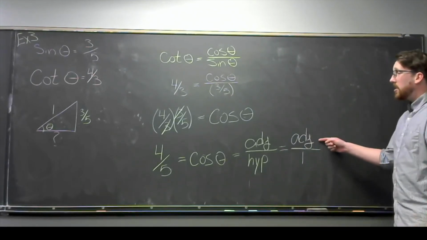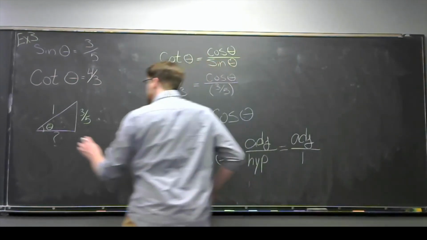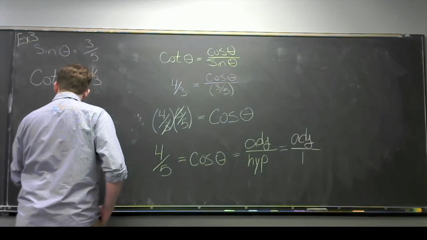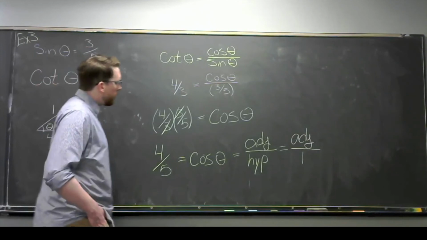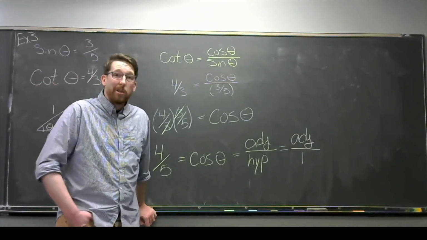So that means the adjacent leg must just be 4 over 5. And that's all there is to it.